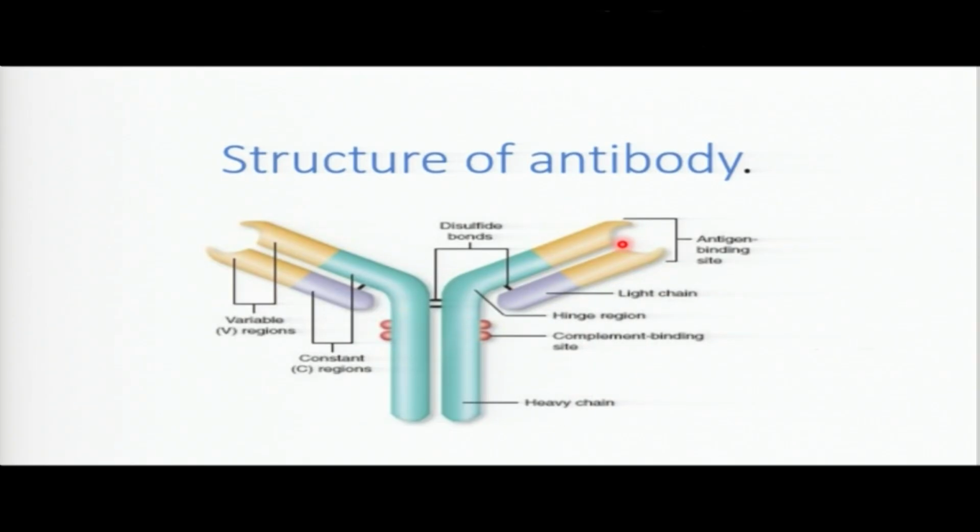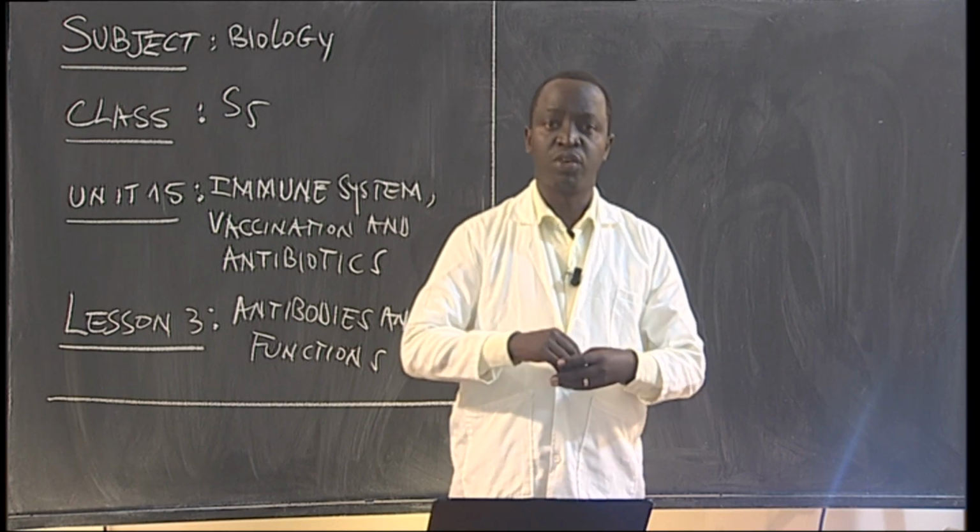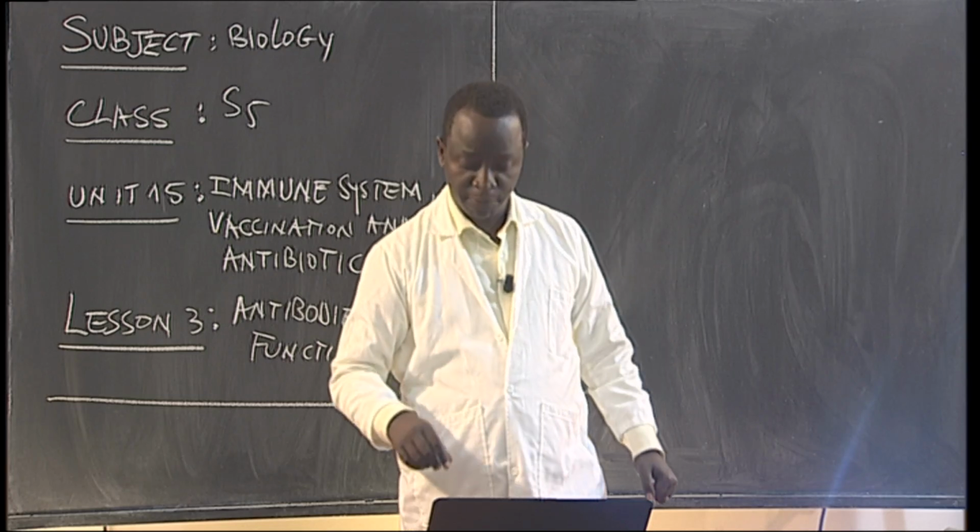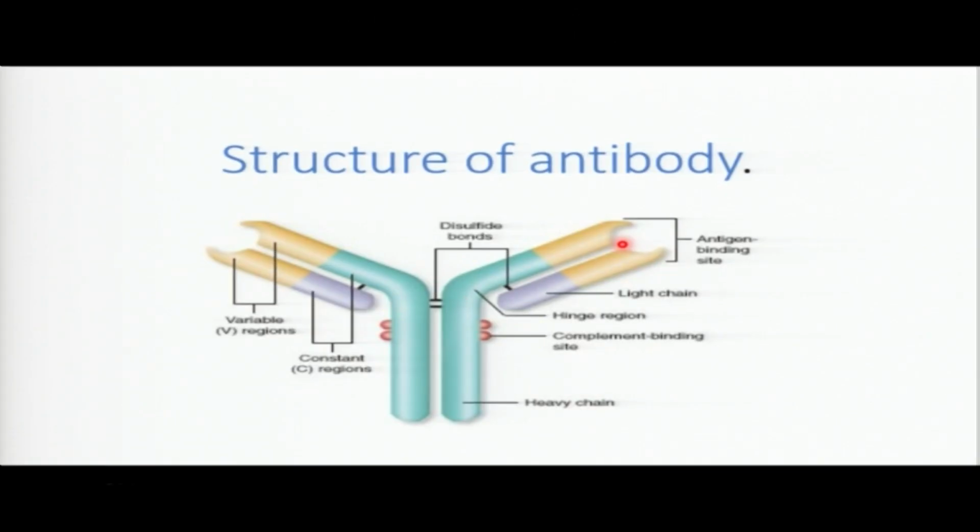So this binding site can change in order to bind with the antigens. Are we together? So this is the structure. You have to be familiar with this structure of antibody, to be able to describe it. This is very simple. Those are the long chains of antibody, somehow heavy. Those are two chains, this one and this one.